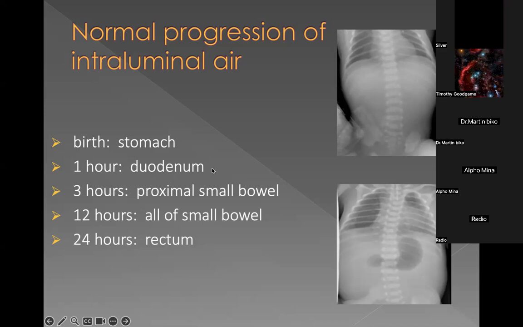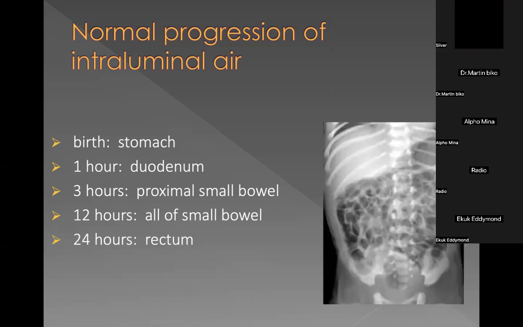Within the first hour of life, the air will proceed into the stomach and the duodenum. By 3 hours, we will have air within the proximal small bowel. By 12 hours, we will have air within all the small bowel. And by 24 hours, so the first day of life, we should have the air within the rectum.